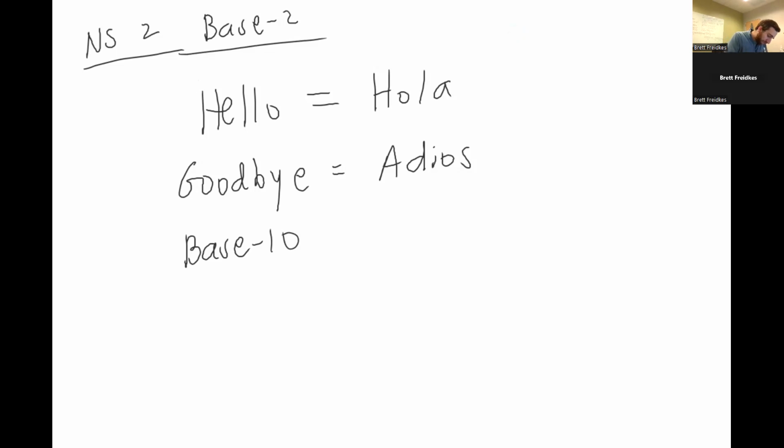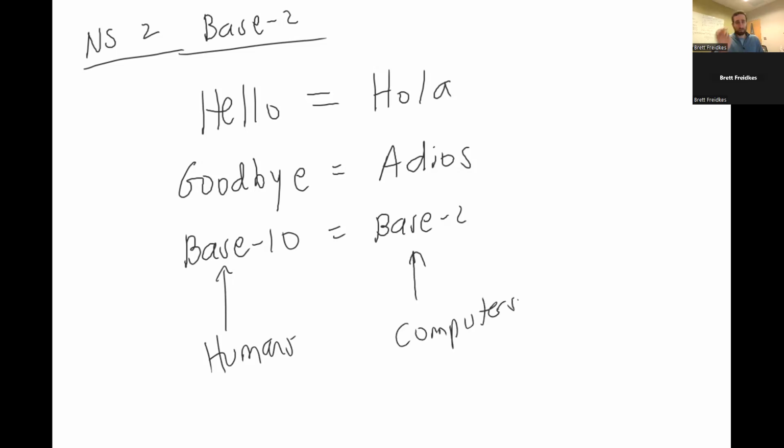Similar thing, if I give you a number in base 10 and a number in base 2, this is for people. This is for computers. They represent the same thing, but if I tell a computer, hey, 27, that's a number I care about, it will not necessarily know what that means. It has to translate it into something that it can understand.